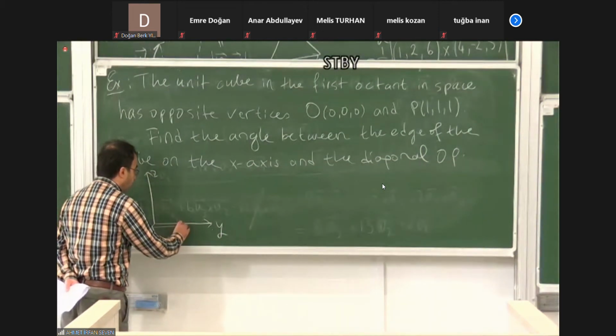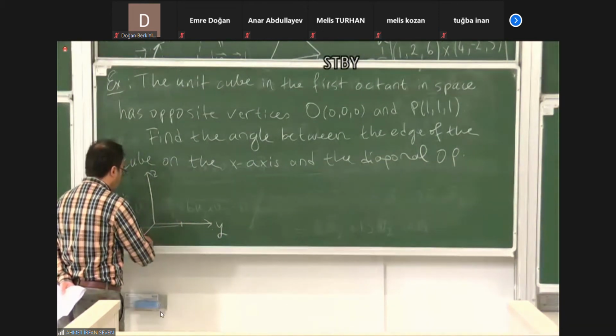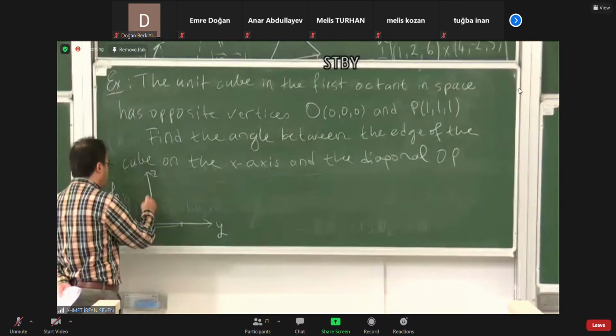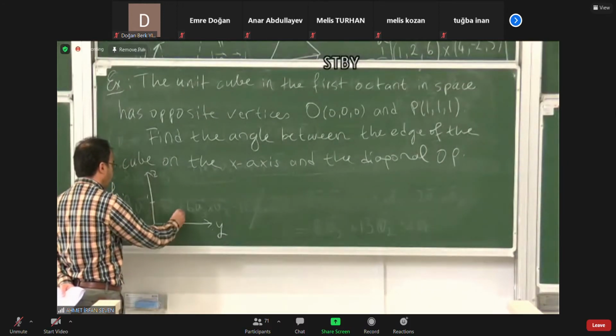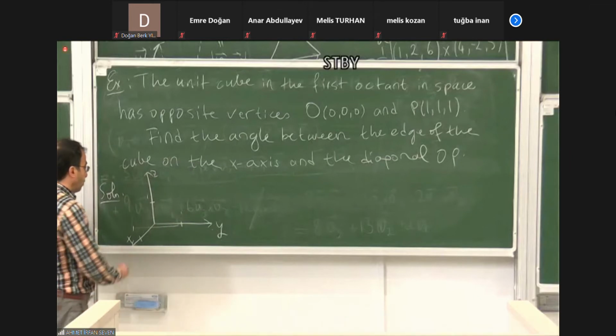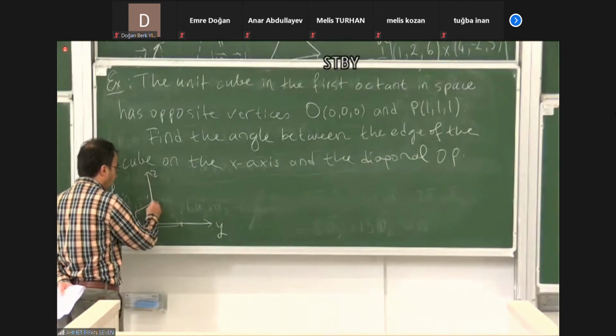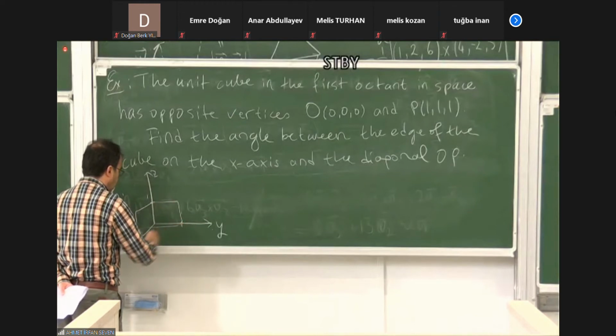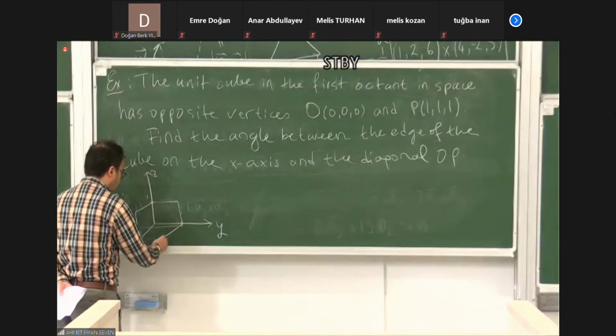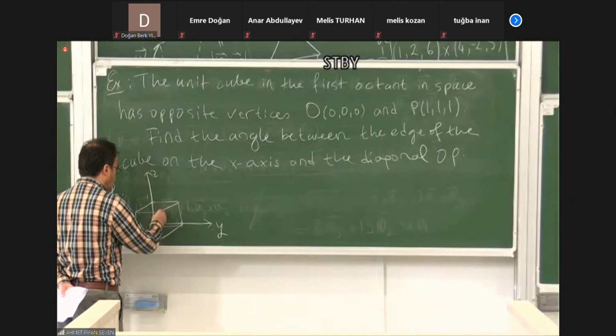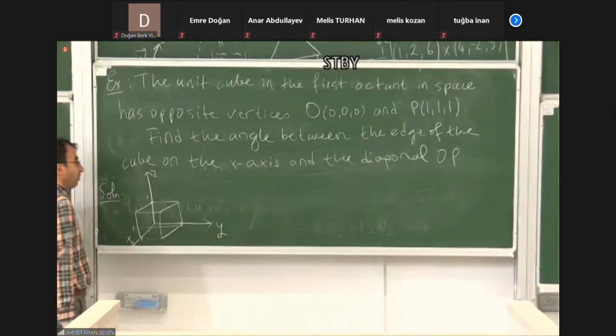Unit cube means the edges are all of length 1, right? 1, 1, 1. And then this cube is going to be like that. Yeah, this is our cube.